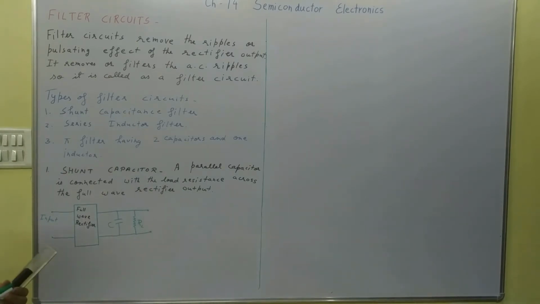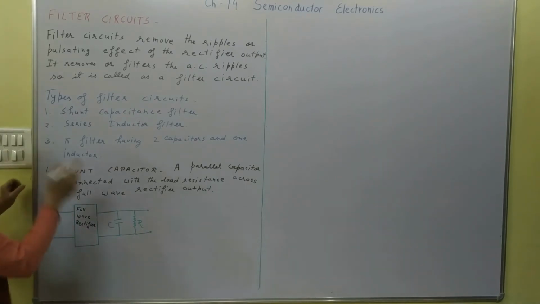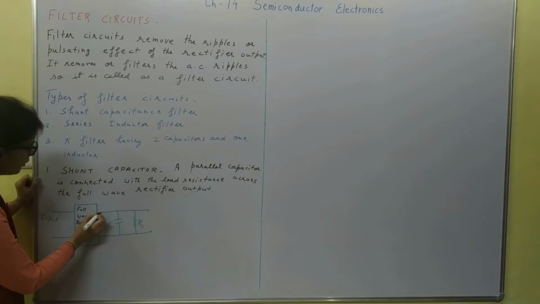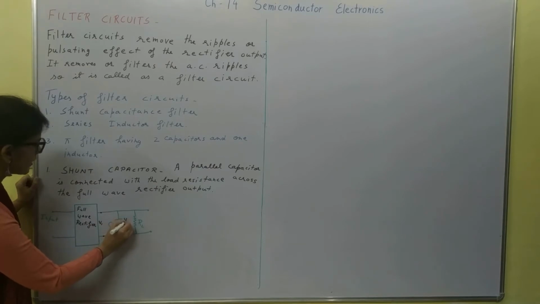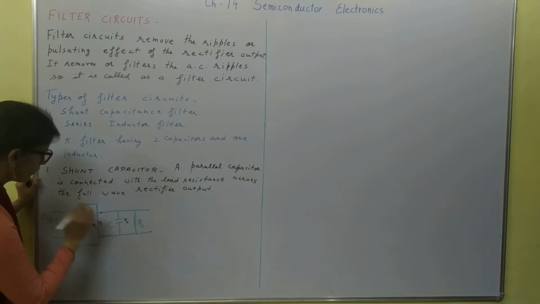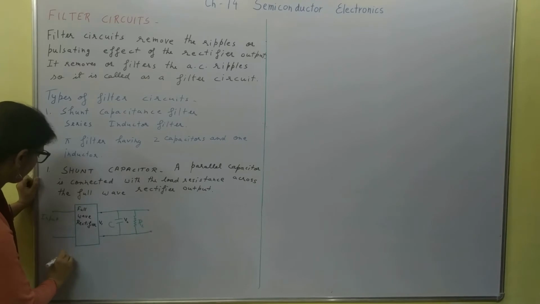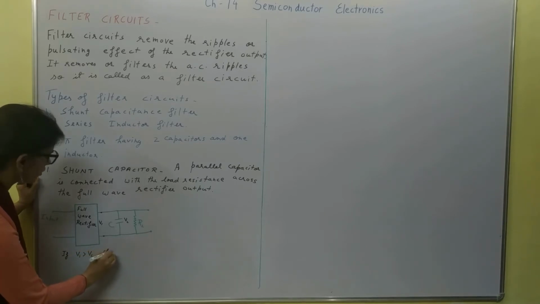So let's understand its working. So what happens is, if this voltage across the output we consider as V1 and if we consider this as Vc, we can say if V1 is greater than Vc, then charging of the capacitor occurs.